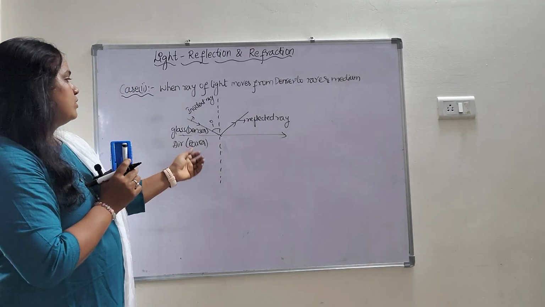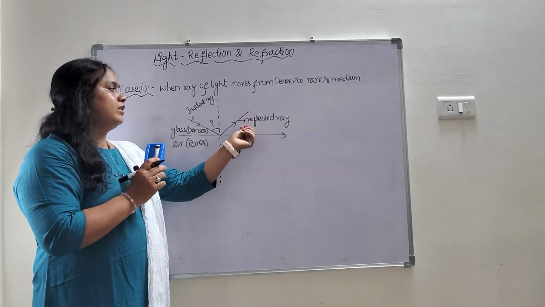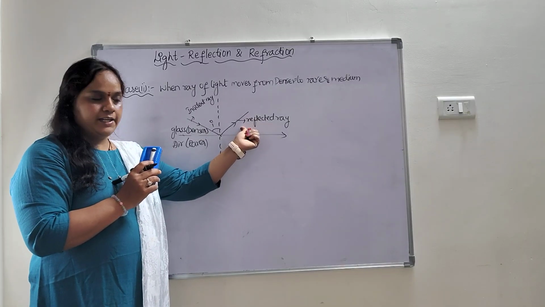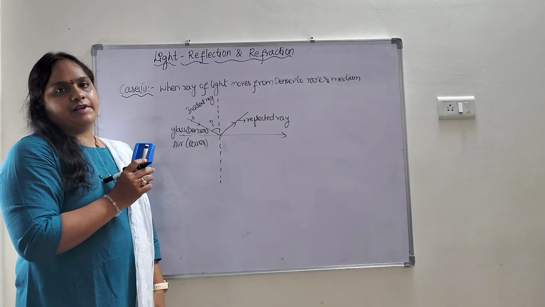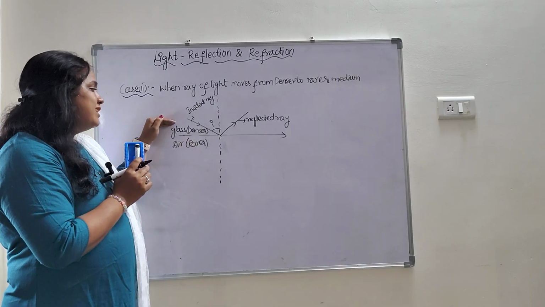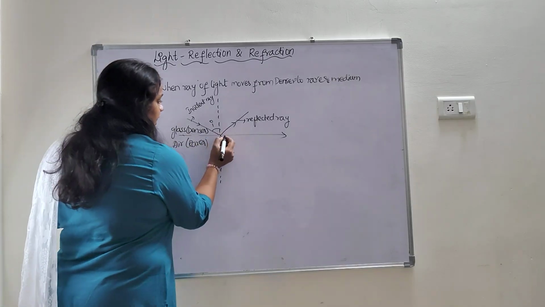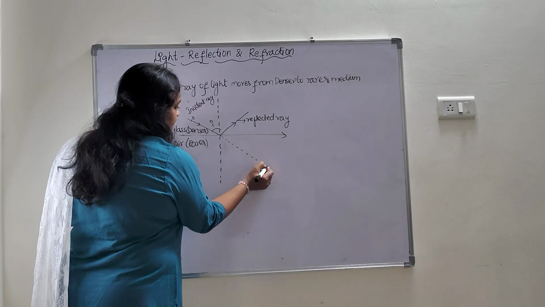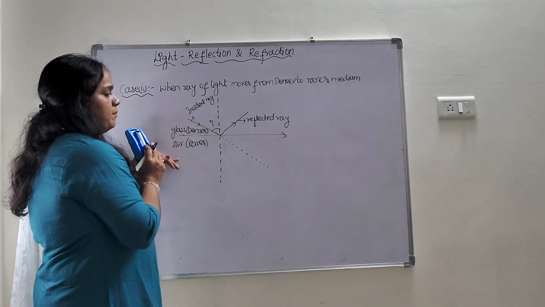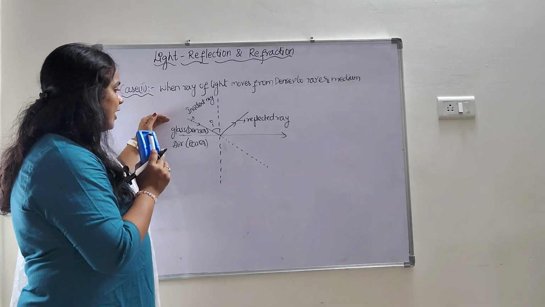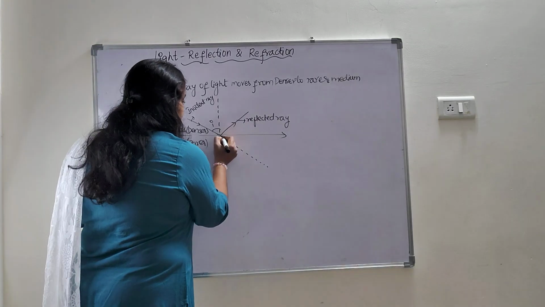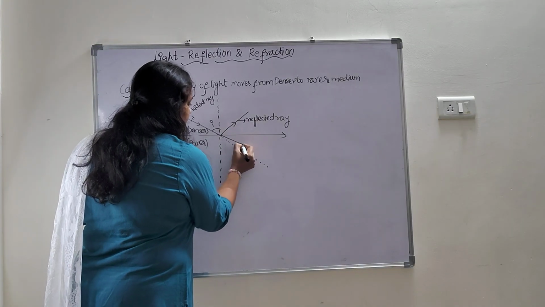Whenever a ray of light moves from denser to rarer, a part of the light will be reflected into the same medium and the remaining part will be refracted. As it is moving from denser to rarer, actually it should go straight, but there is a change in medium. As it is moving from one medium to another medium, it should bend away from the normal.